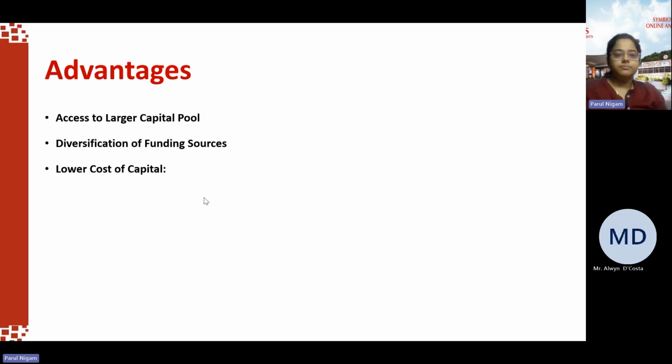Okay, then we have improved corporate reputation and global expansion. Raising funds internationally enhances brand visibility and credibility. So it attracts international investors, partners, and customers. It definitely strengthens the company's global presence, facilitating market entry into foreign economies.